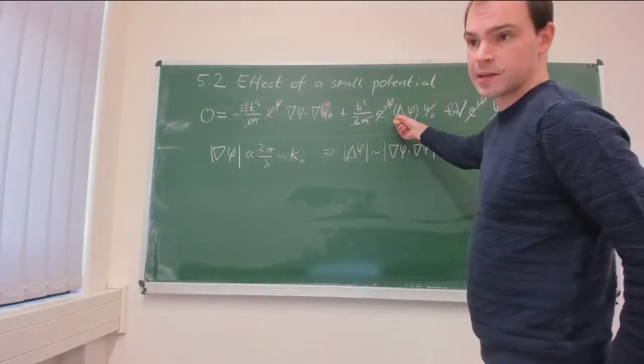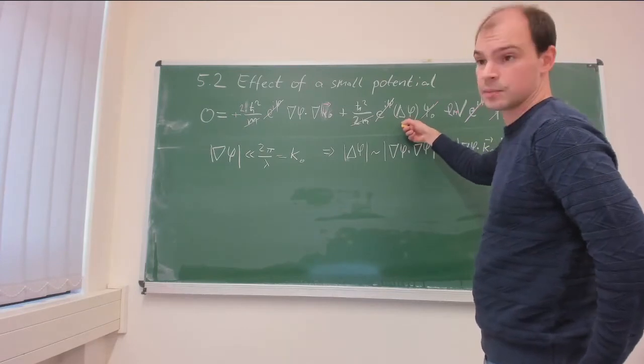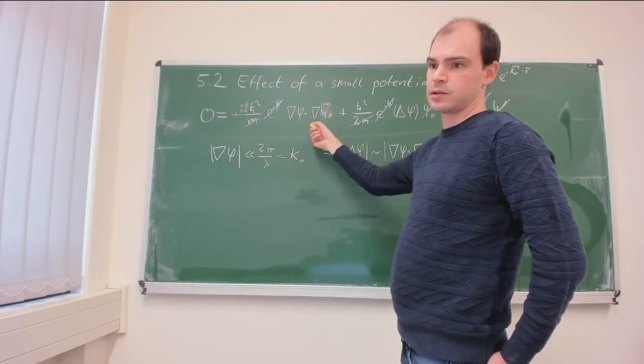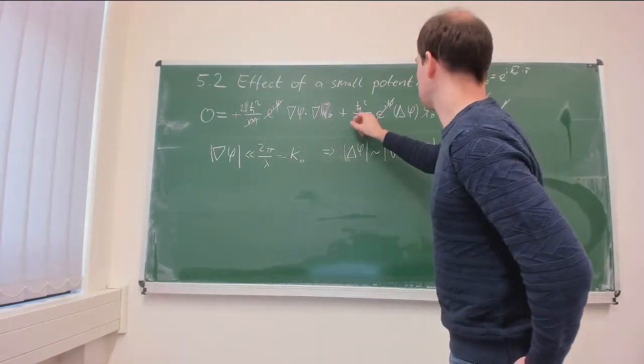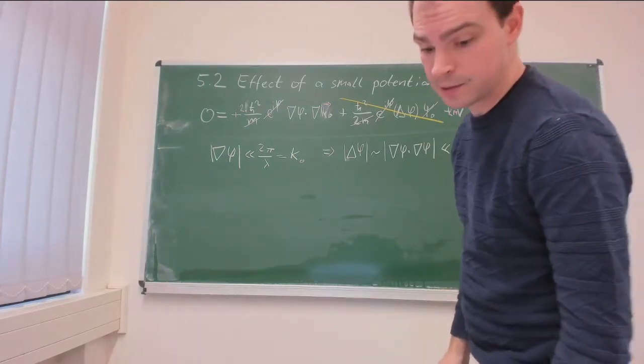Meaning that in the equation, the second derivative term of phi, the Laplacian of phi term, we can neglect in comparison to this first derivative term. So this term is much smaller, and therefore we neglect it.